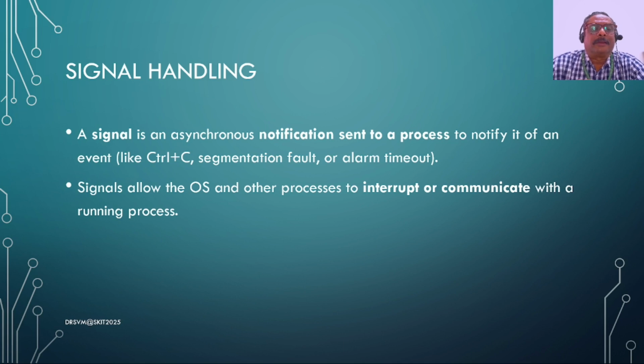So that's an example. Now going into another issue, that is signal handling. A signal is an asynchronous notification sent to a process to notify that some event has occurred. Like if we press Ctrl C or some alarm timeout and all that, a signal has to be sent to the process, and that is sent through signals.